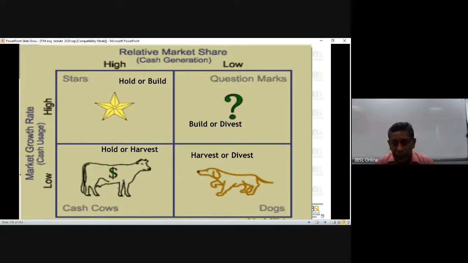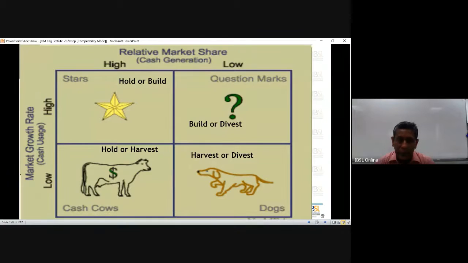The products which have the potential to grow in the future, but are still not very popular in the market, we put into the question marks. Now, this BCG matrix looks at your product portfolio, and having identified the profits and the market share generated from each product, each can be put into one of these quadrants.